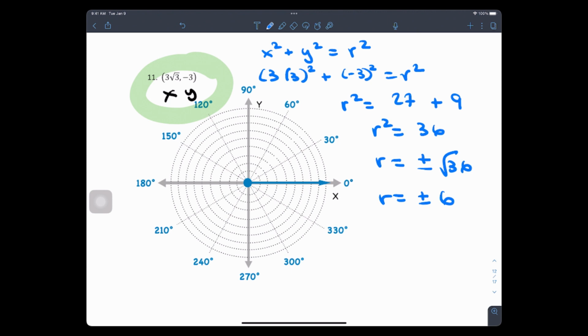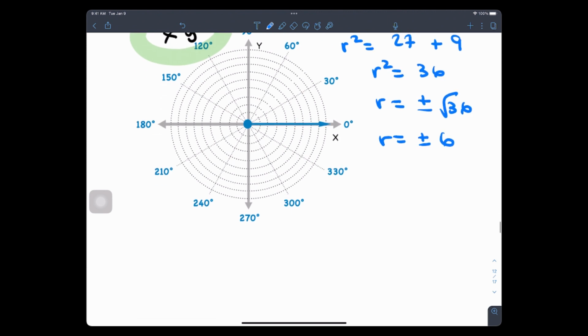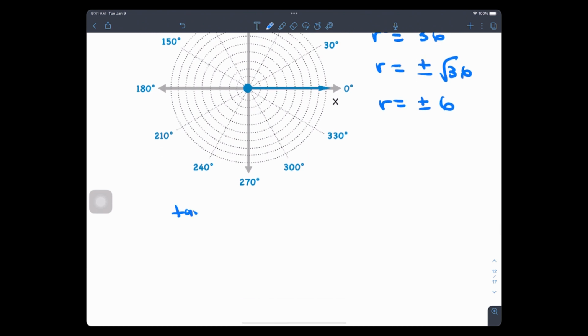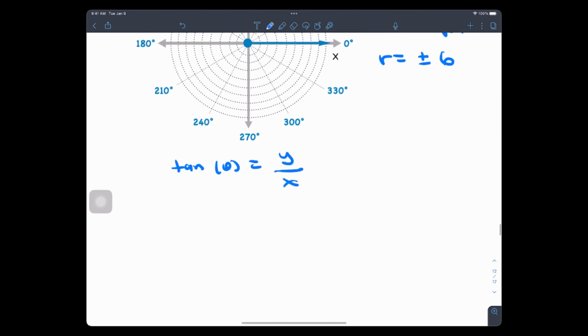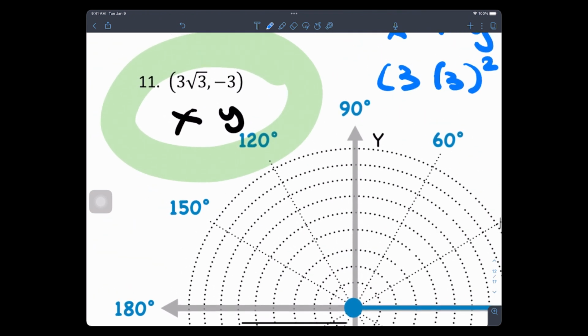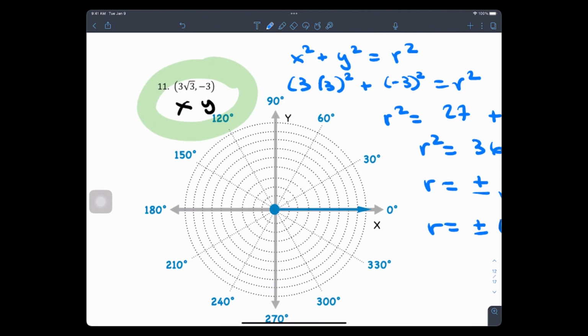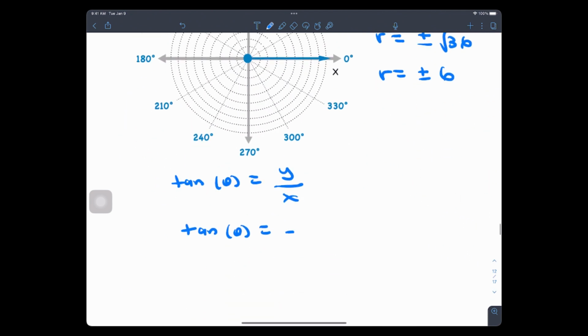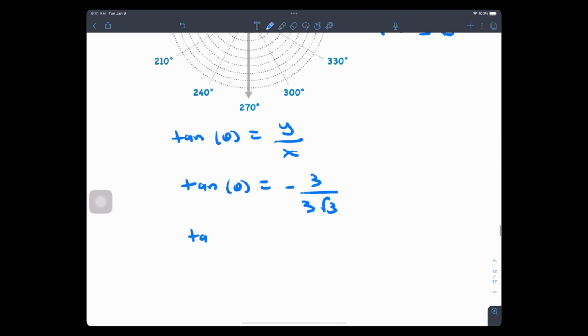We don't know which one it is. Okay. Tangent theta is y over x. The y value is negative 3. The x value is the square root of 3 times 3. That's negative 1 over square root of 3.